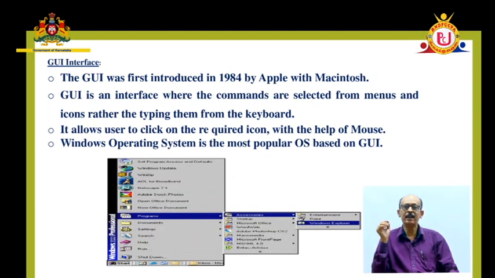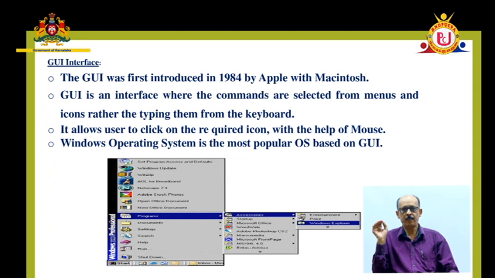For the sake of security, if you have deleted a file by mistake, you can get it back during the execution of the delete command itself. Such things will be there, and everything will be controlled through graphical input devices like the mouse, the touchpad, and the light pen.